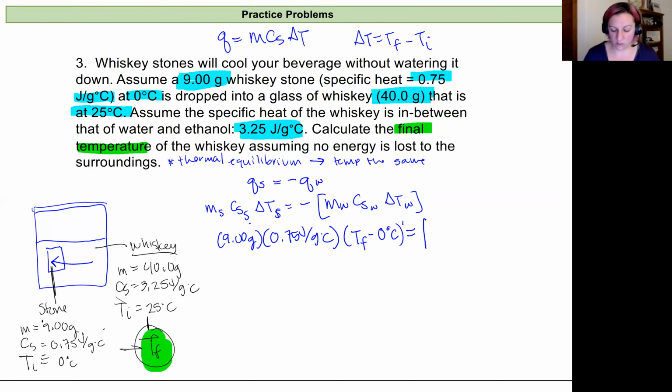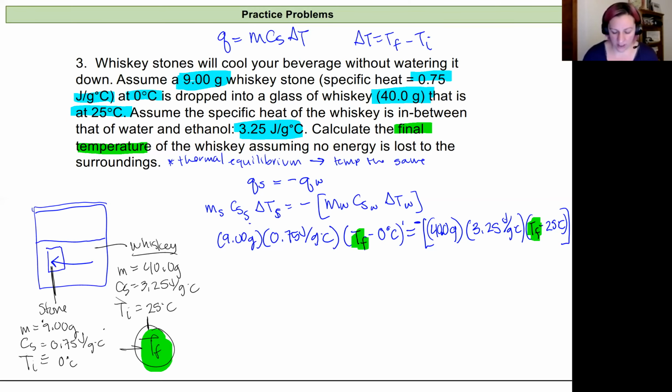And that's going to be equal to the negative of my 40.0 grams of my whiskey times its specific heat of 3.25 joules per gram degrees Celsius. And then my final temperature subtracting 25 degrees Celsius.